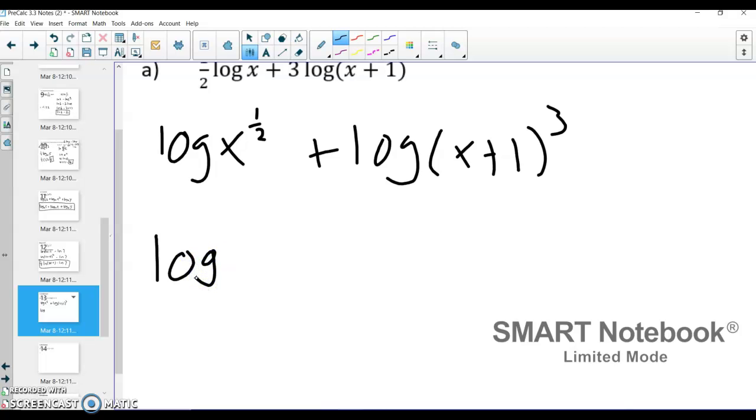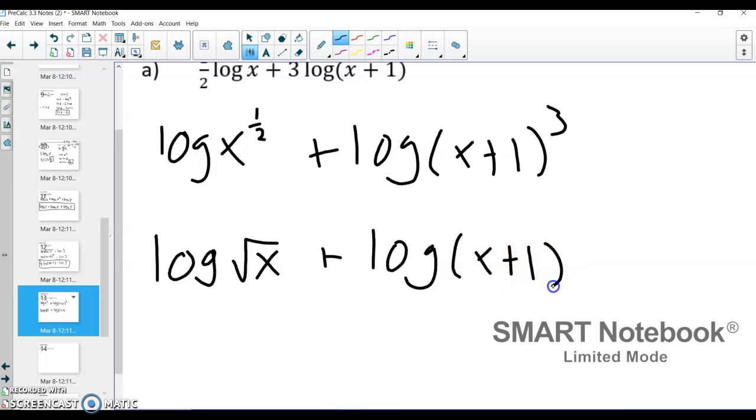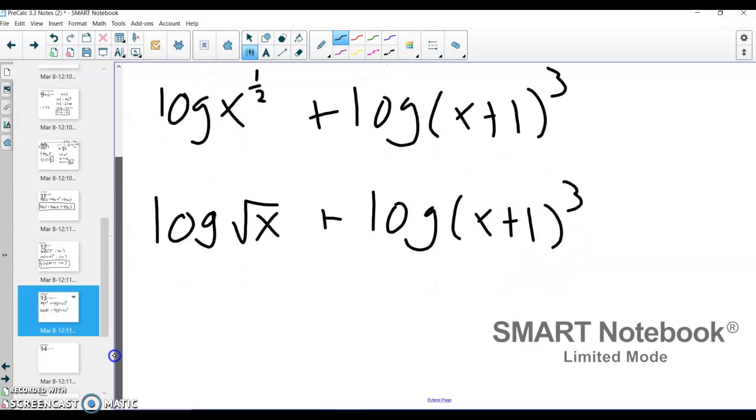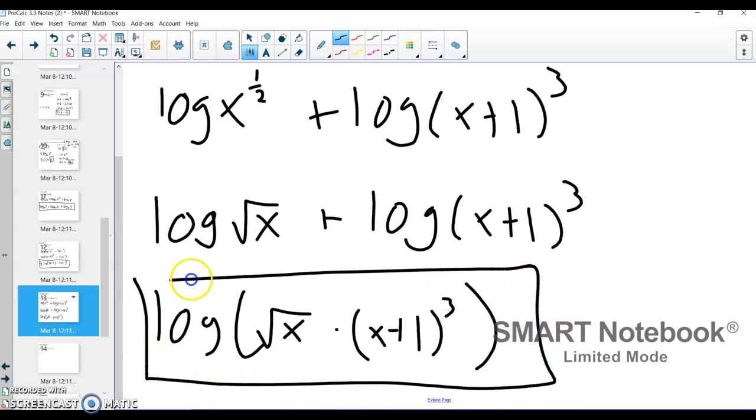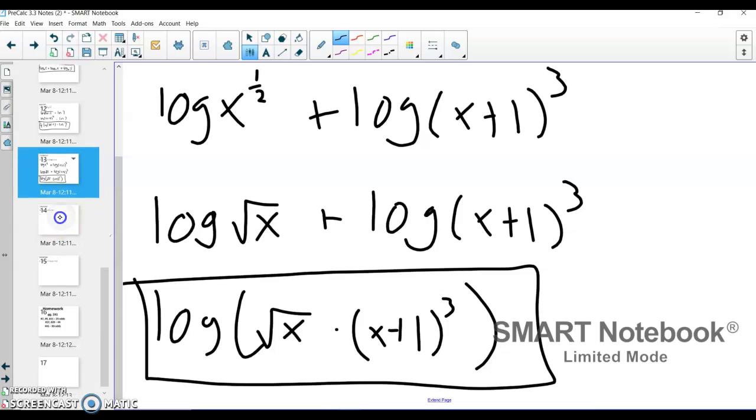So x to the 1/2 is the same thing as the square root of x, plus log of x plus 1 to the 3rd power. And then since this is addition, we can turn this into multiplication, and we get log base 10 of the square root of x times x plus 1 cubed. And that would be combined into one logarithm.